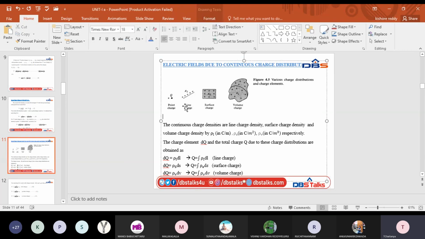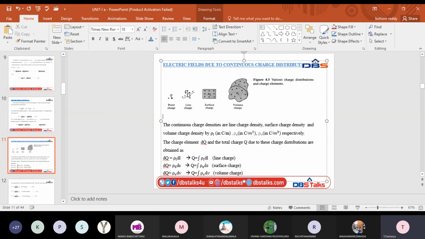The charge can be in the shape of a line. Here, we can represent the charges in the shape of a line, then it can be considered a line charge. The line charge density is rho suffix L. It has just a length and not a surface or area.